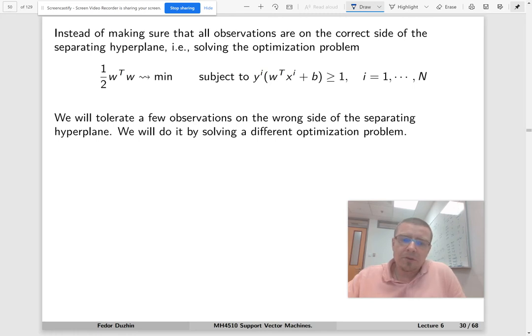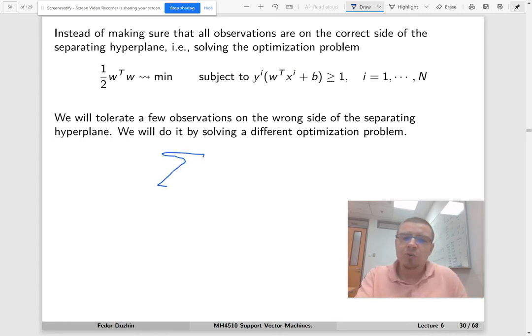And we're going to do it by just modifying our optimization problem a little bit. Instead of solving this original optimization problem, we are going to solve a slightly different one. The idea is that this epsilon allows for misclassification, but we do not want too large misclassification.